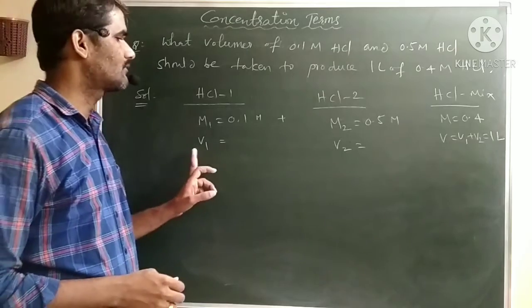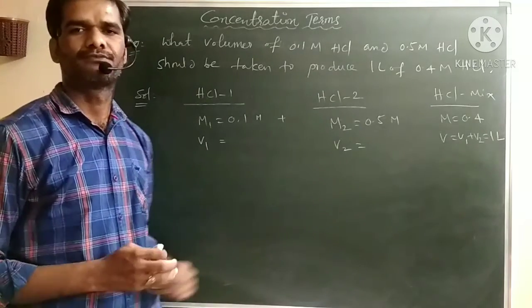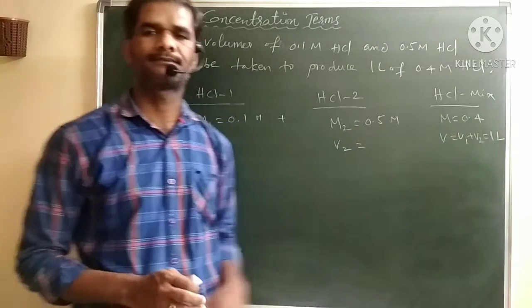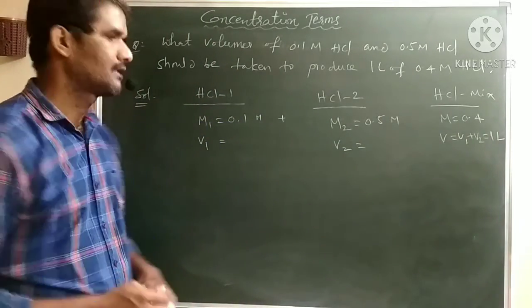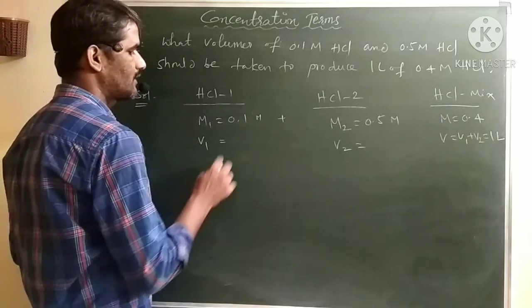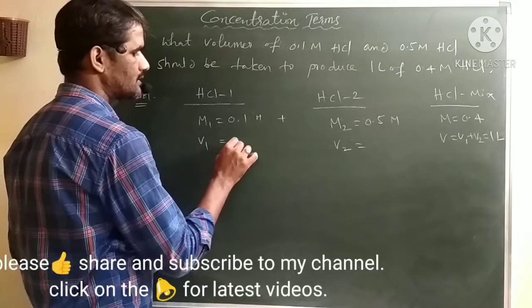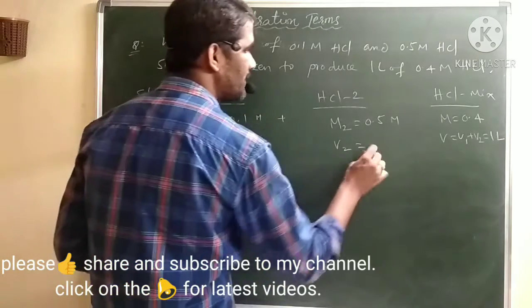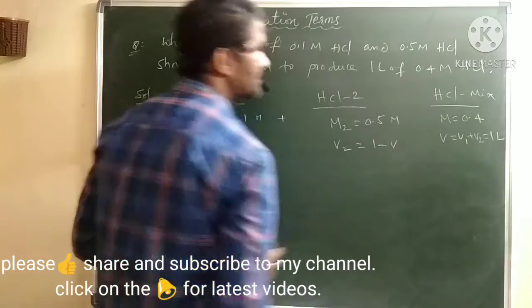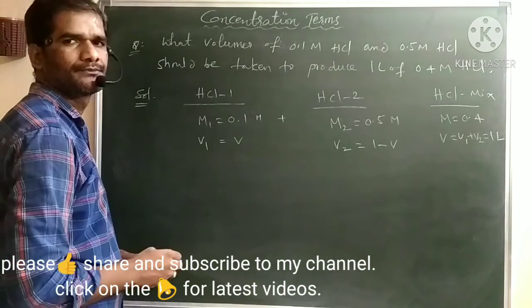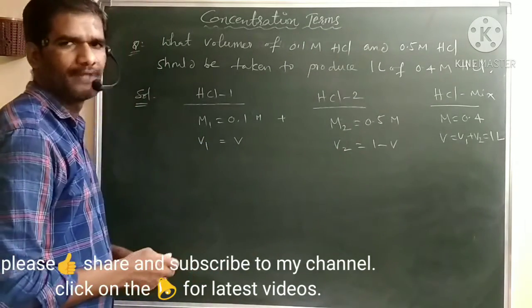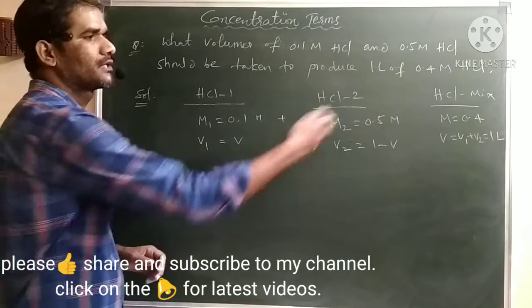Now we have to calculate V1 and V2. So V1 plus V2 is equal to 1 liter. Let us assume V1 is V liters, then V2 will be 1 minus V liters. Why? Because the total is 1 liter.